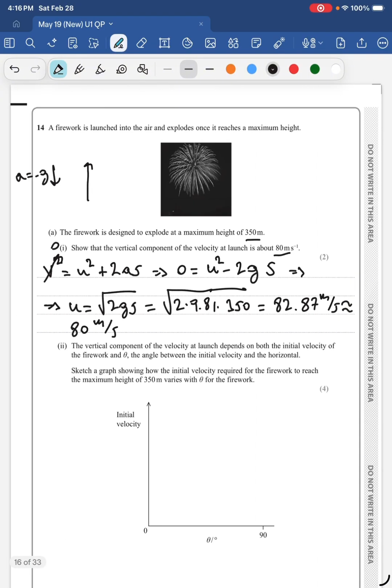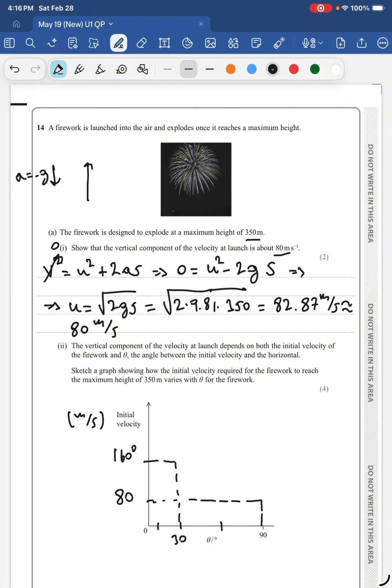So if we go back to this graph, if this is 90, we can write that this is 80, and it's in meters per second, right? And then if that's 90, maybe that's 60, maybe that's 30, and maybe that's 10. So for 30, we found that we need 160, right?